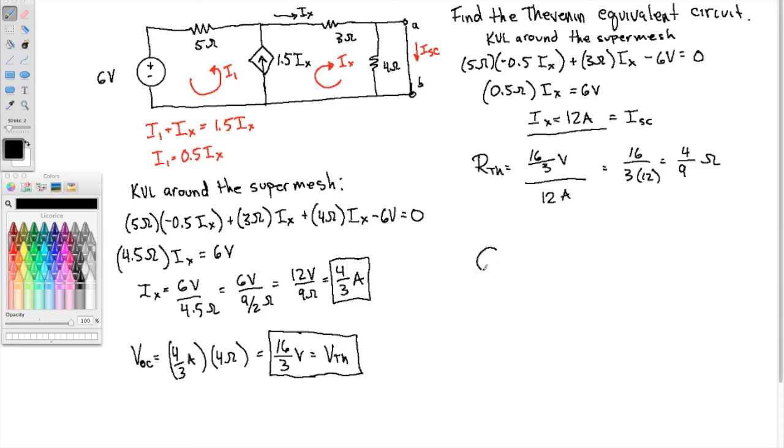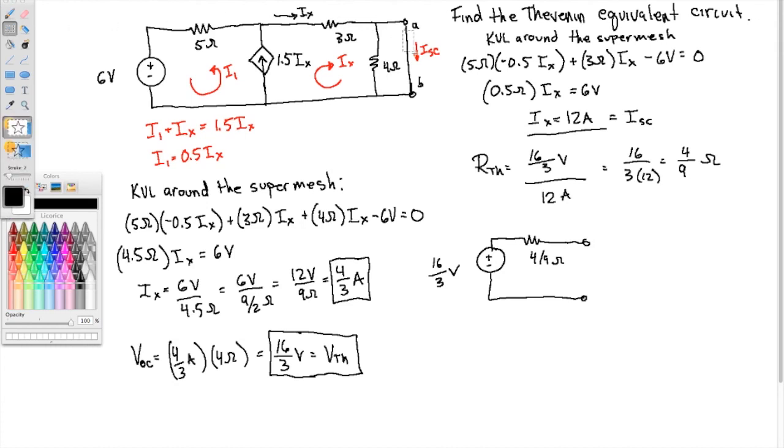So the Thevenin equivalent circuit is 16/3 volts in series with 4/9 ohms. And again, that's for the original circuit, so I'll erase the short circuit.